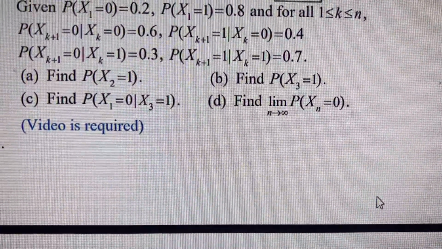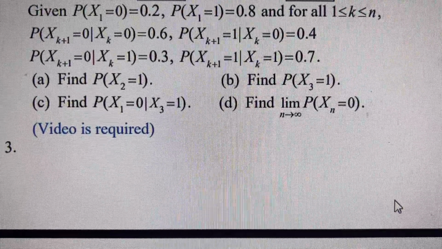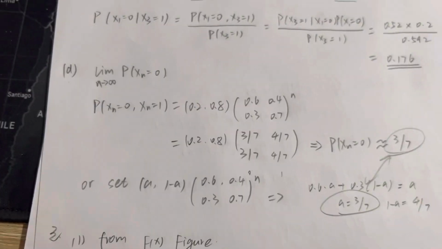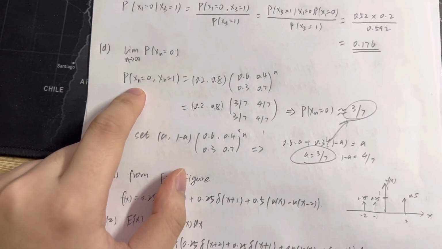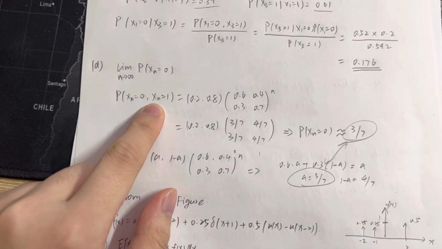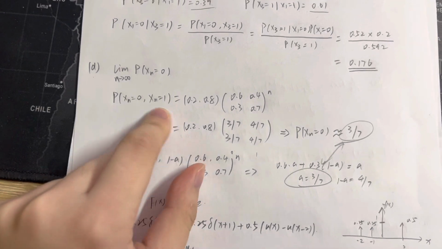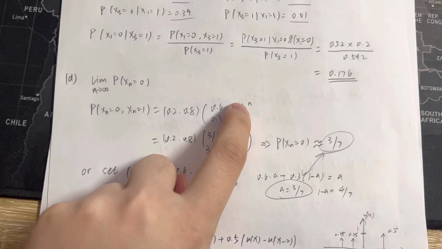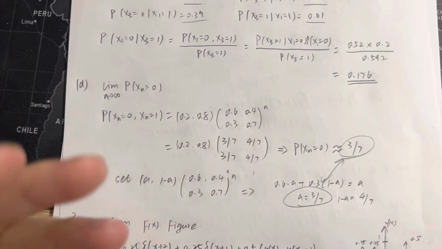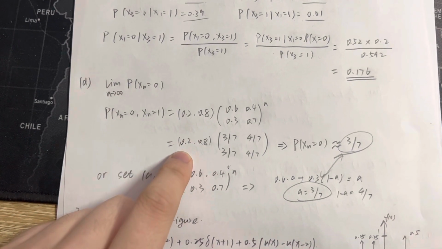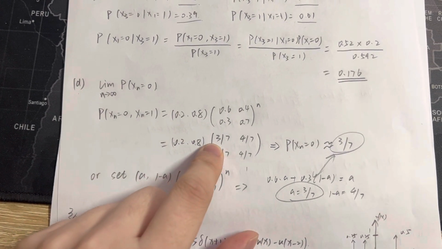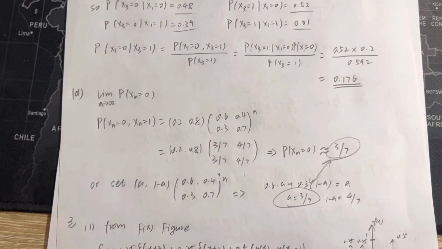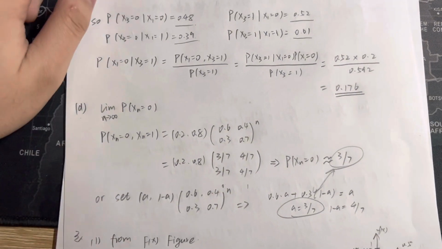The fourth question is to find the limit as n goes to infinity of the probability that xn equals 0. Like the third one, we use the initial probability and the four different probabilities, and we use the nth power because we don't know what n is. We use 0.8 and 0.2, because as n goes to infinity it gets close to this number.